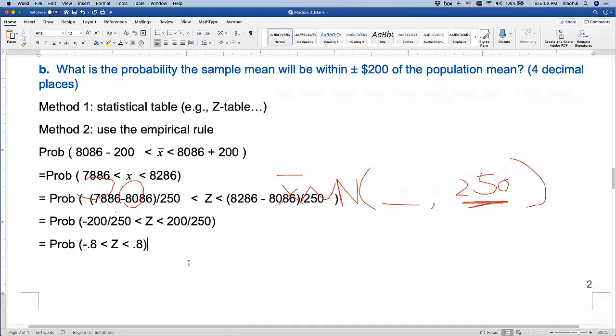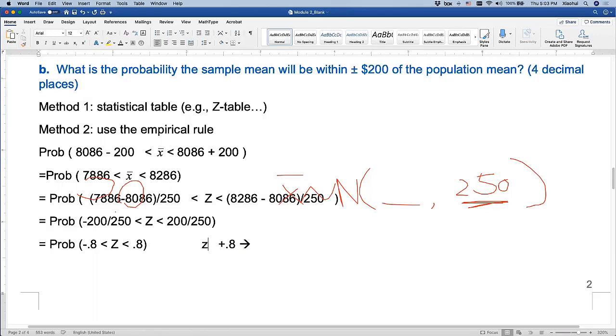So we want to find the probability using the table, and we know that we have two z-scores. One of the z-scores is a positive 0.8, and the second one is a minus 0.8.